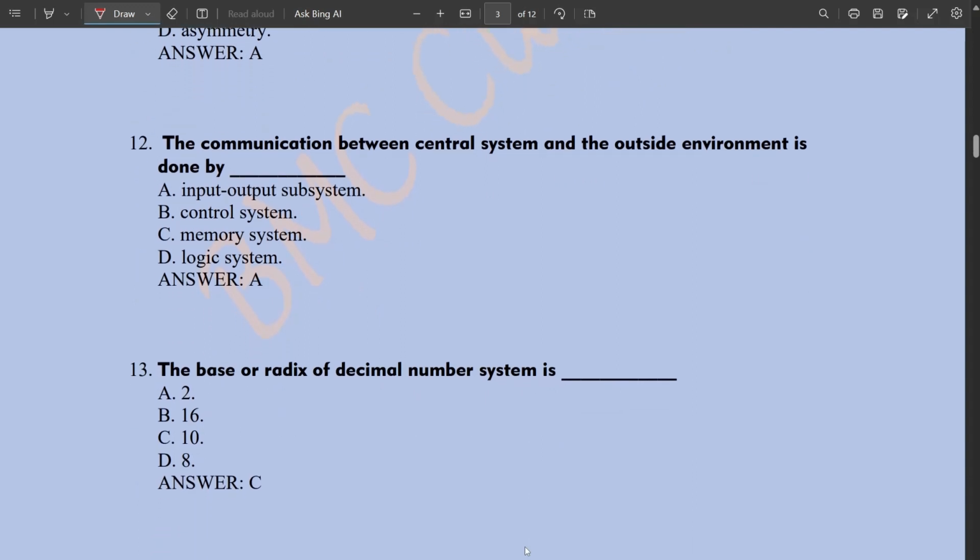Next, the communication between the central system and the outside environment. In our last 3 videos, I discussed the same question. This will be the input output subsystem.